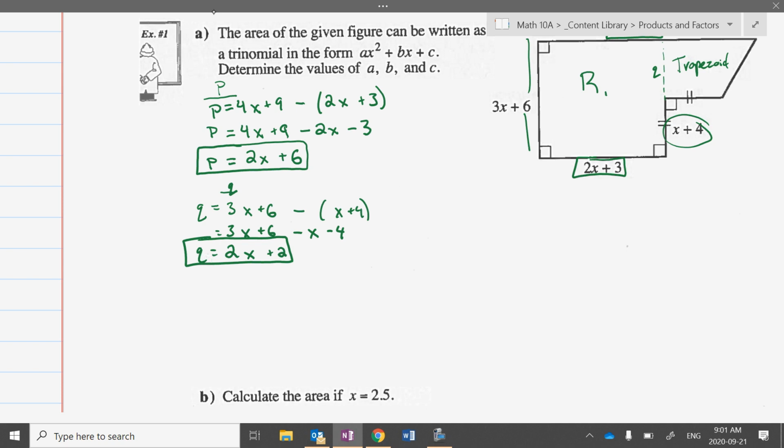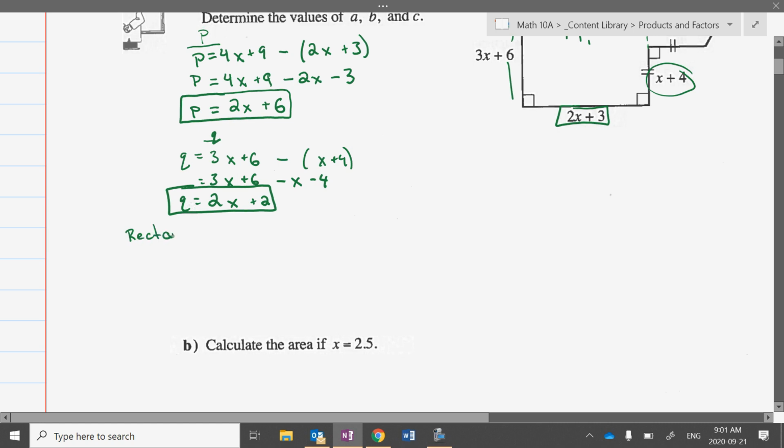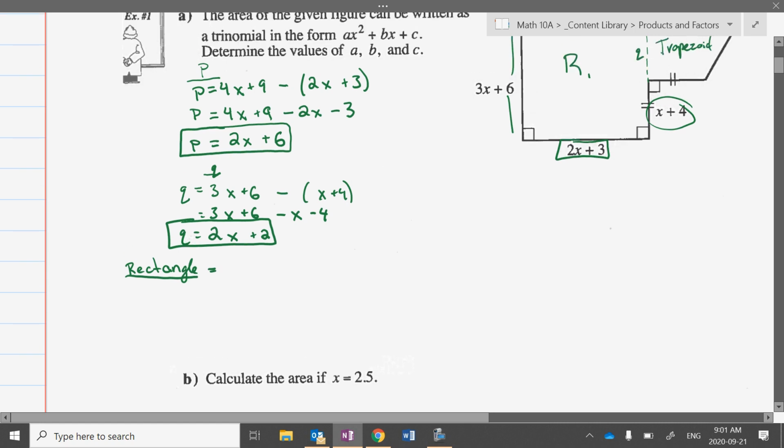From here, let's figure out the area of our rectangle. So my rectangle, and again, it could be a square. We don't know the value of x. Never make that assumption. Some diagrams in math are never drawn to scale. So we're going to have our 3x plus 6 times our 2x plus 3.